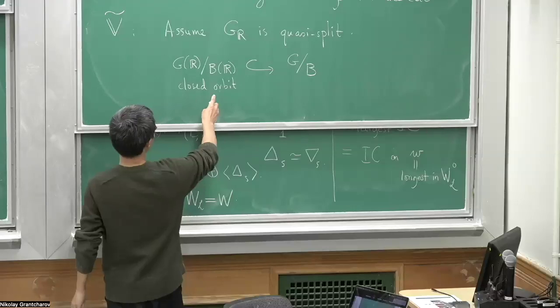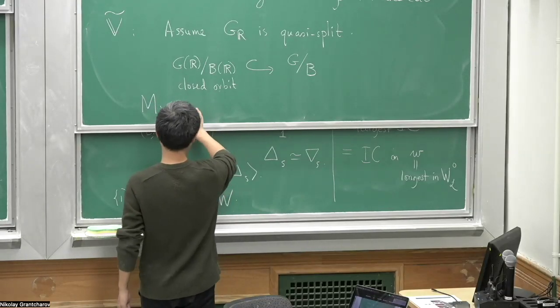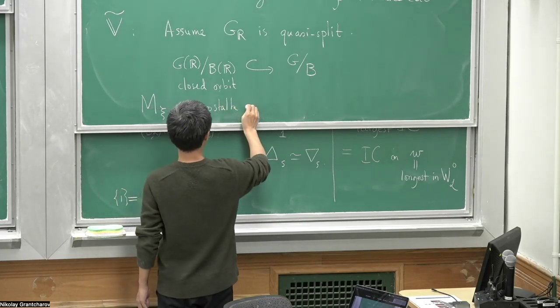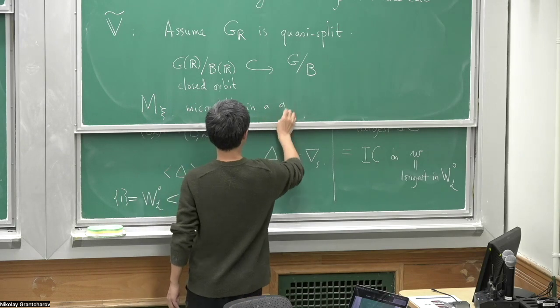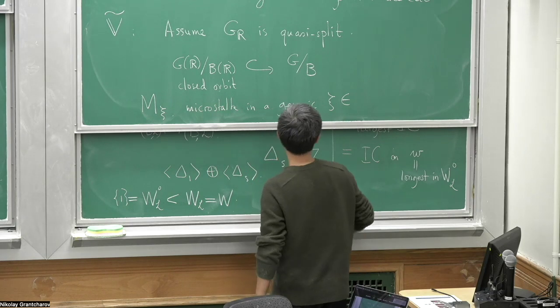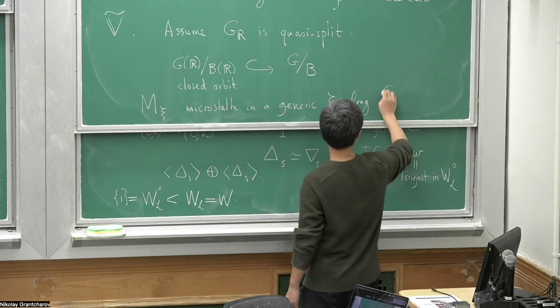Ready? And then we take the microstalk in the generic codirection along the closed orbit.